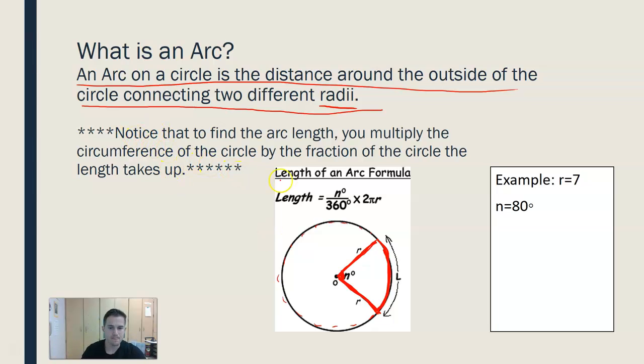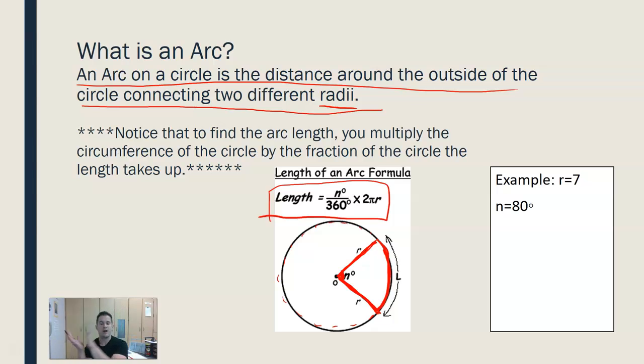Okay, so this is the formula to find the arc length. Length is equal to n degrees divided by 360. So n degrees is the angle between the two radiuses. So I take that angle divided by 360 because I just want the fraction of the circle that is between those two radiuses, times 2 pi r, or in other words, times the circumference.